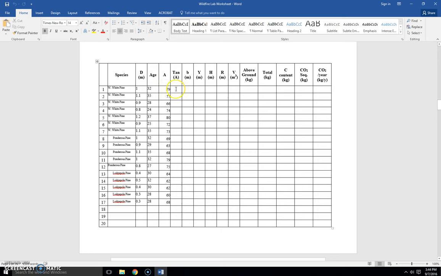And so you look up or calculate the tangent angle, and then you fill in length B, how far away the angle was taken from the tree, and you already have the eye height for the person measuring the angle, which is 1.6 meters, and then you can figure out the height. And then you walk through how to calculate each of the other things in the questions up here.